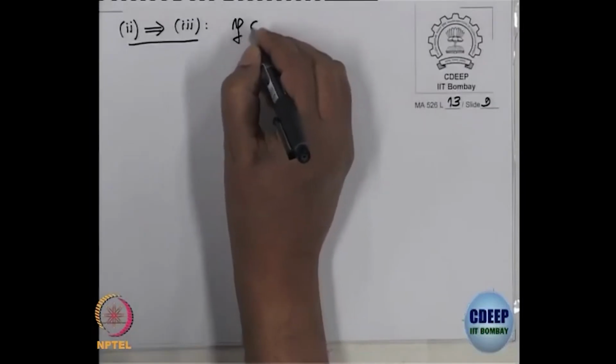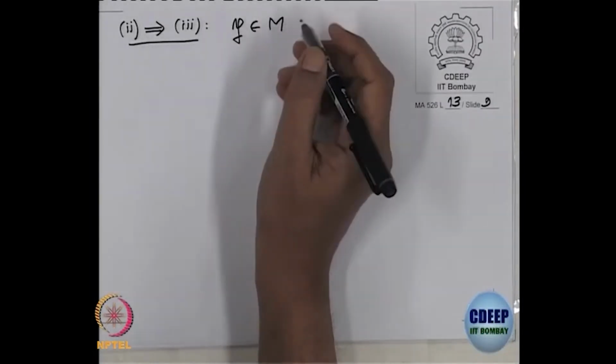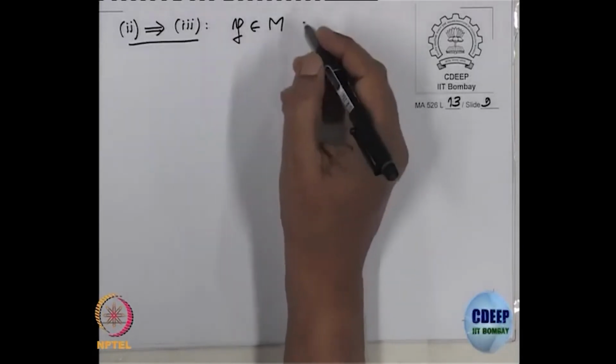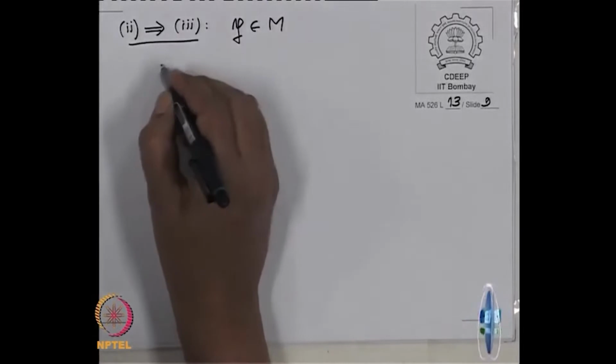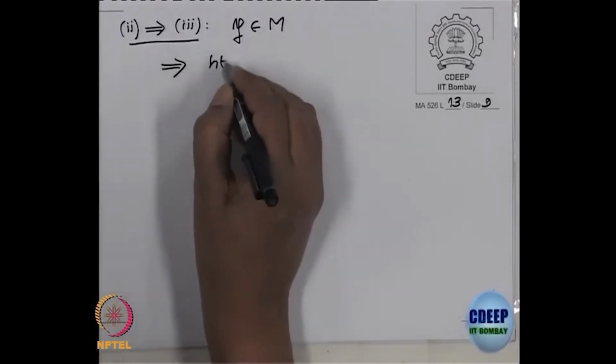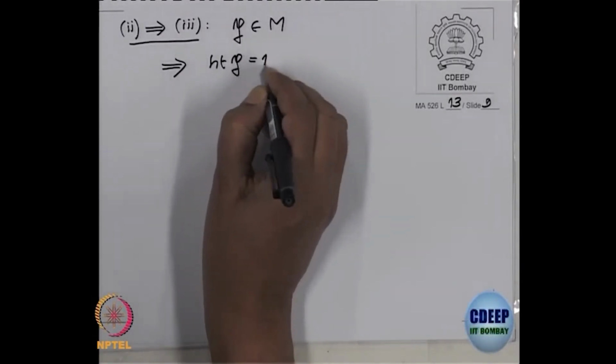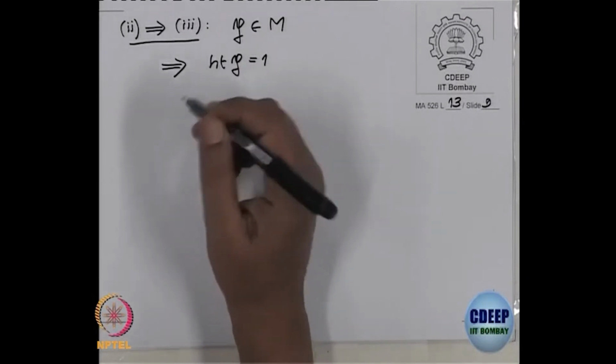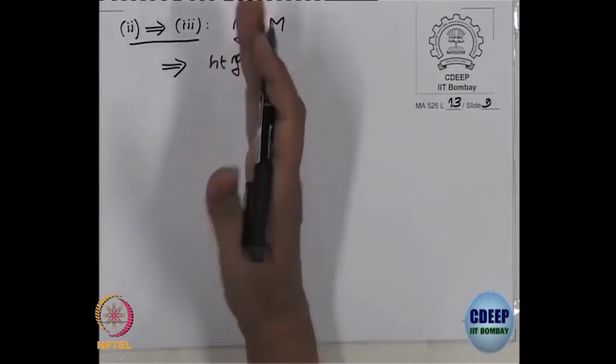Okay, so take P, what is given is P is in M. Then we know that the height of P has to be 1 because P is minimal among the non-zero prime ideals. So, there can't be any prime ideal in between 0 and this P. Therefore, the height of P cannot be more than 1, and on the other hand it is less than or equal to 1. So, it is exactly 1.